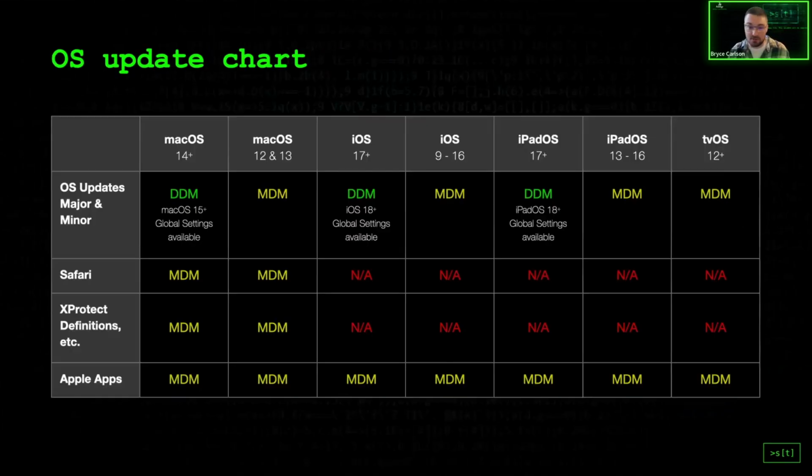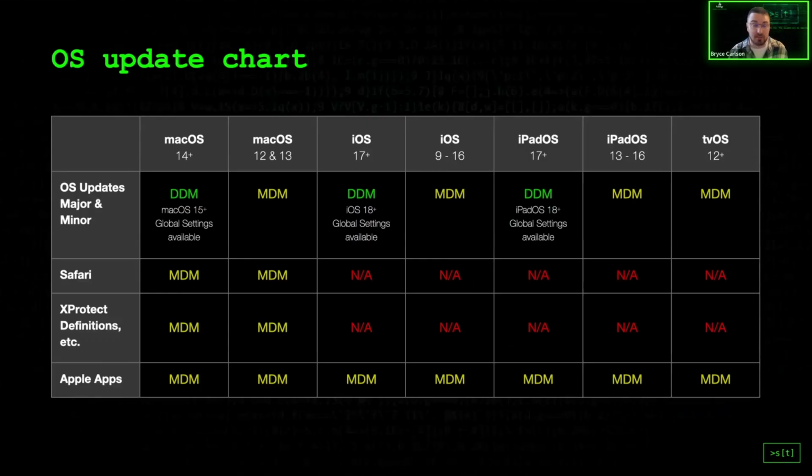So a quick breakdown, just because it's nice to see that visually. You're going to have your macOS 14 and up with declarative for your major and minor OS updates. macOS 15, of course, has that global settings available that you can use, or you can use enforcement specific. That is something you can toggle right in the policy settings like we'll be talking about. Then you have Safari that's only pushed through MDM updates.